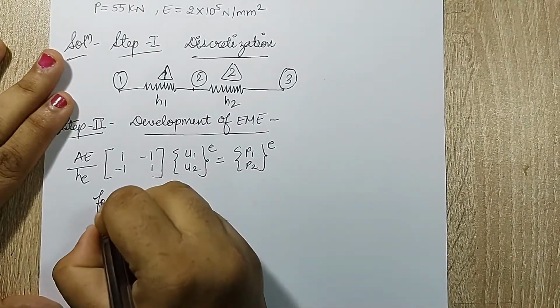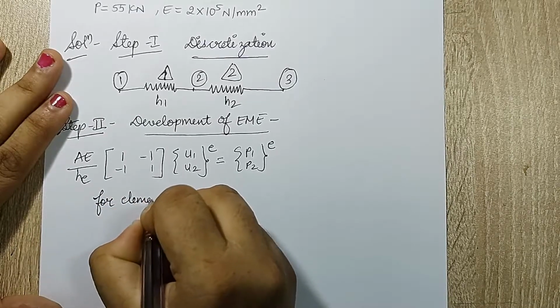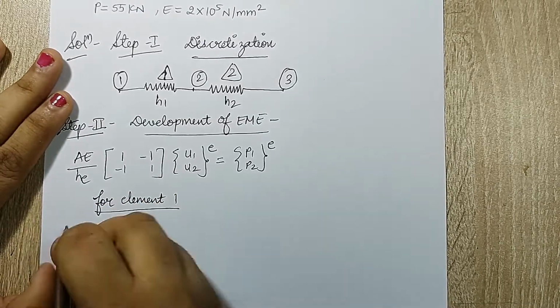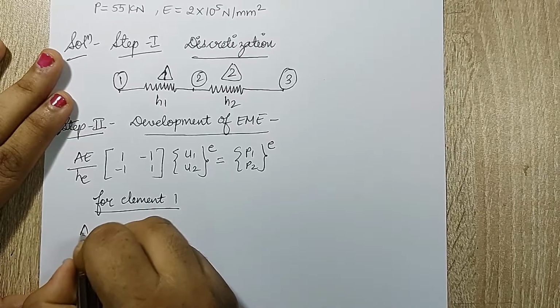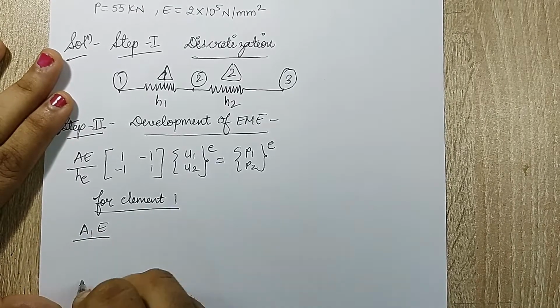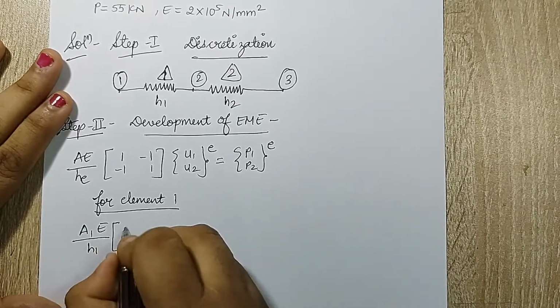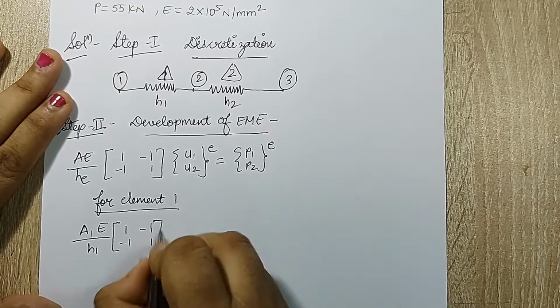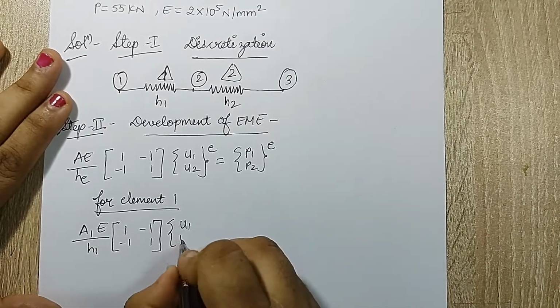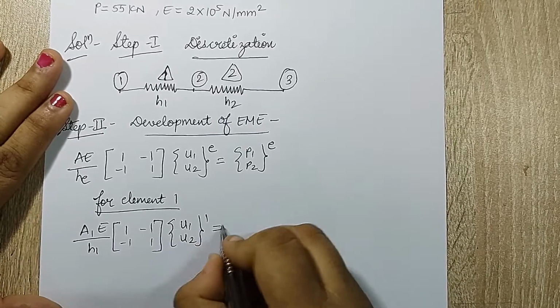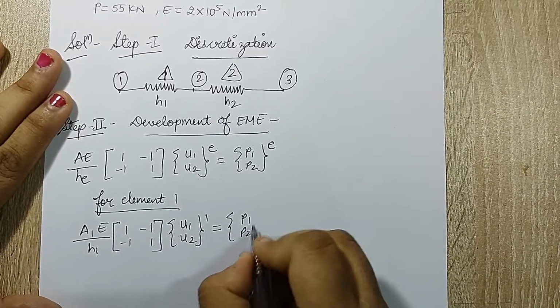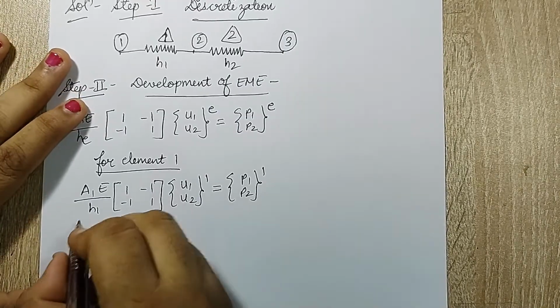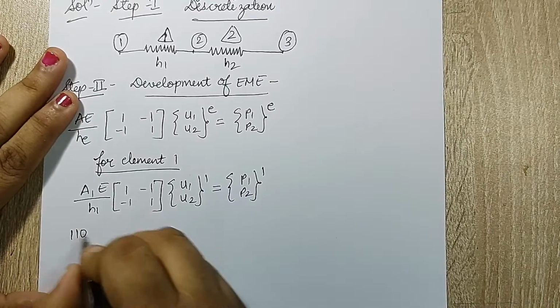I'll first solve for element 1. This will be A1 E upon H1, E is same for both the materials. I'll substitute. A1 is given as 110.